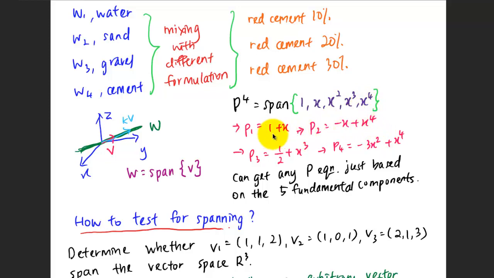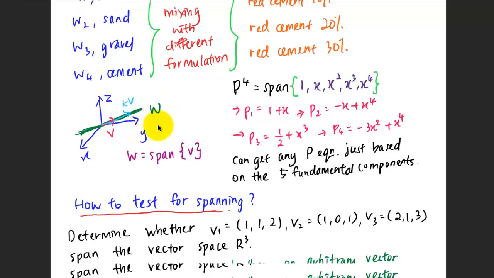The missing components for P1, the x squared, x cubed, and x to the power of 4, are actually 0 multiplied with x squared, 0 multiplied with x cubed, plus 0 multiplied with x to the power of 4. So you can get any polynomial equation just based on these 5 fundamental components, just like the case of your red concrete and the case of this W vector space.